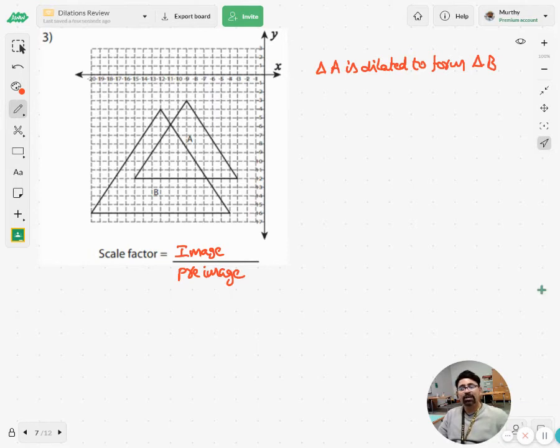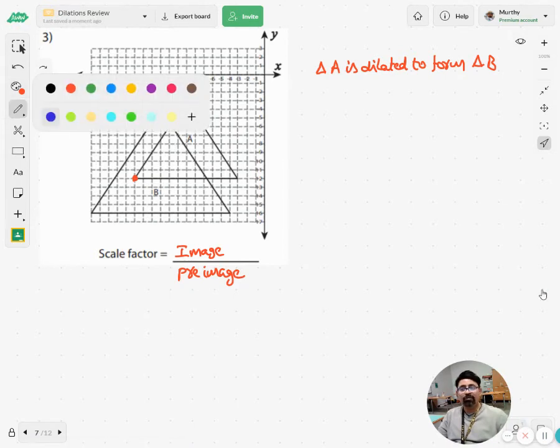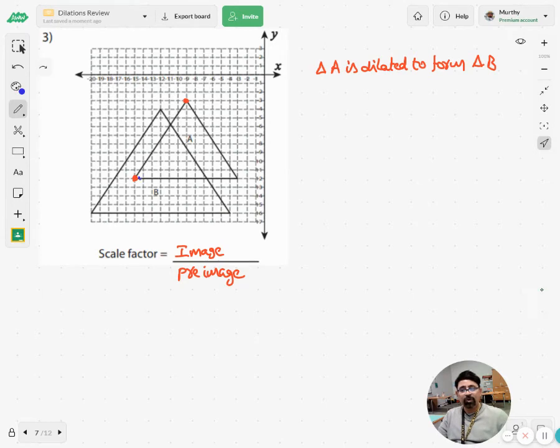Suppose A is dilated to form B. I don't prefer to find the length of this side, because I have to use the distance formula. Instead, if there is a horizontal line or vertical line, it is easy to compute the number of blocks. So it is 1 block, 2, 3, 4, 5, 6, 7, 8, 9, 10, 11, 12.